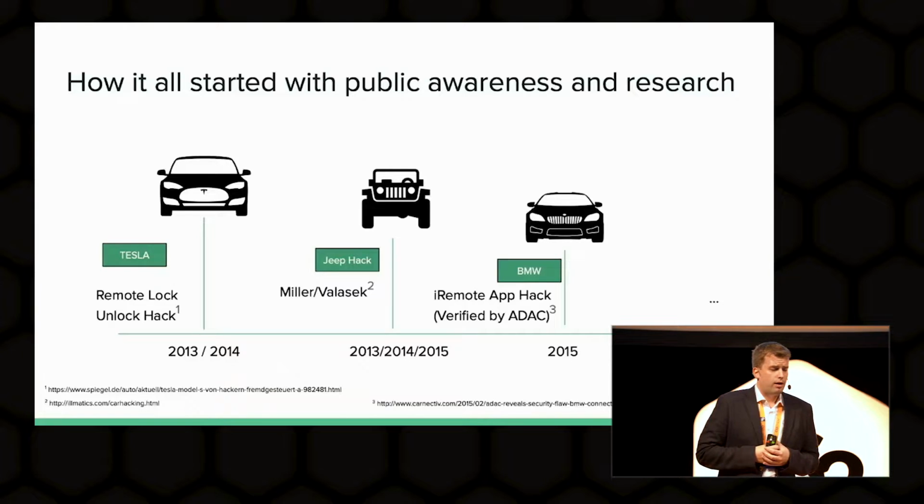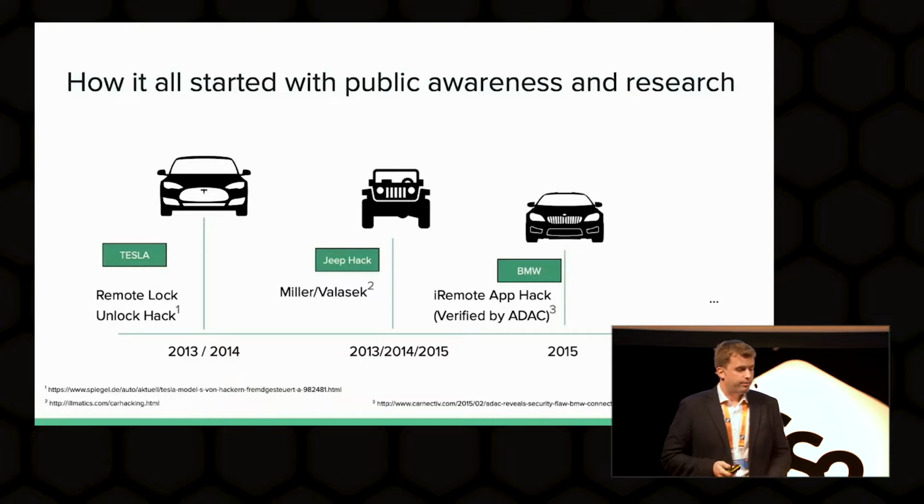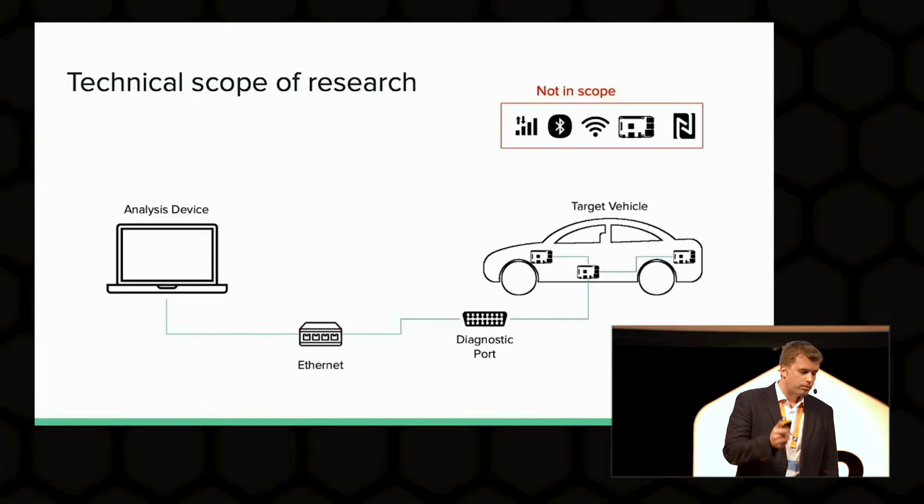And in Germany, it really got off with the BMW hack that was found by the ADAC, the Automobile Club, the biggest one in Germany. And since then, a lot of publications came out with different brands and different manufacturers. So now we have public awareness for such topics.